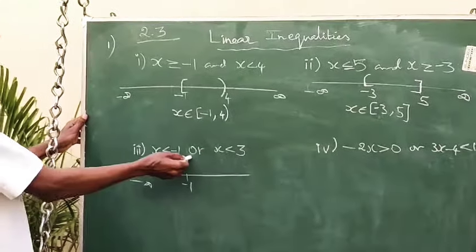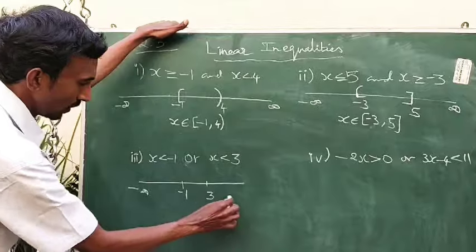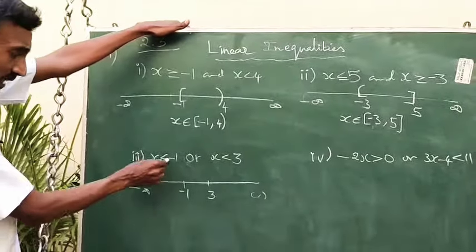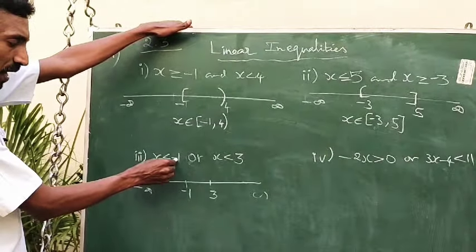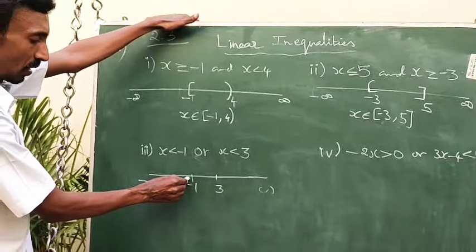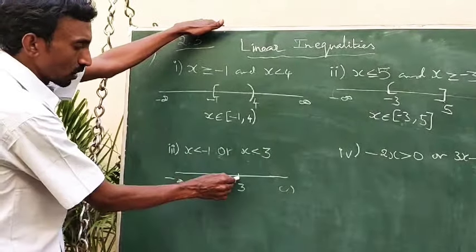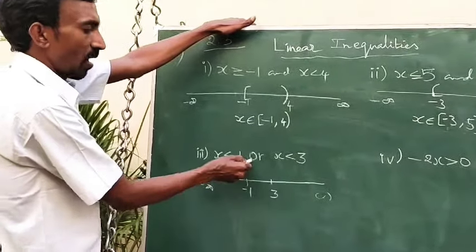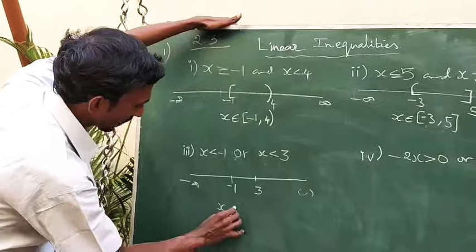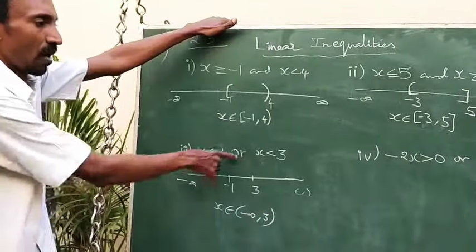So look at the word 'or' present in the question. If we consider the first one, less than minus 1, it is minus infinity to minus 1, open interval. If we consider the second one, minus infinity to 3. But here 'or' is there, so we can take the second one: x belongs to minus infinity comma 3.